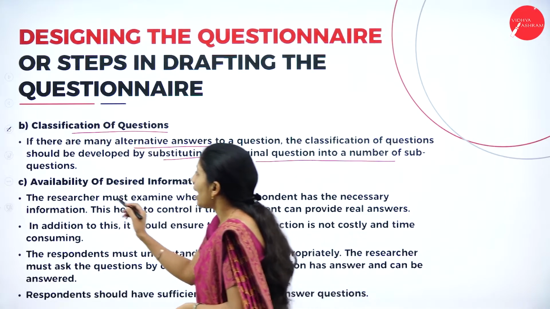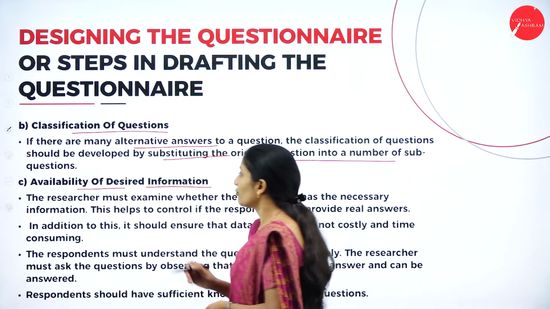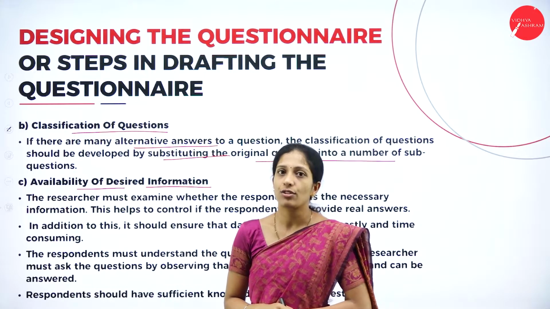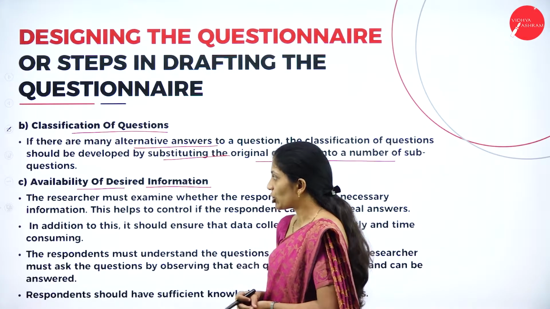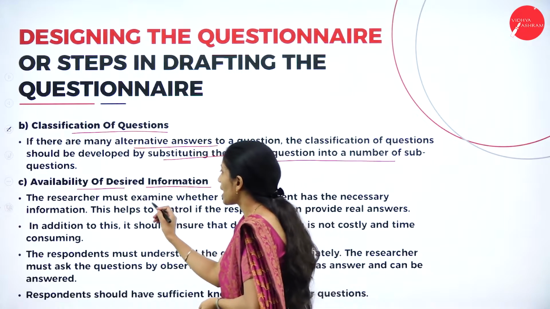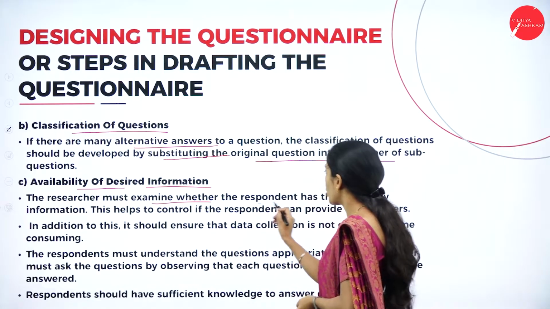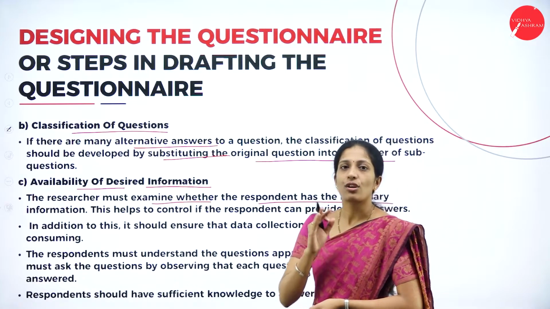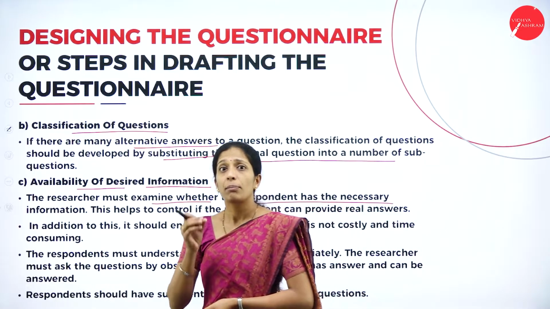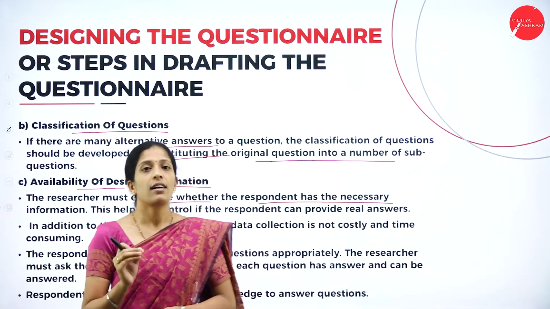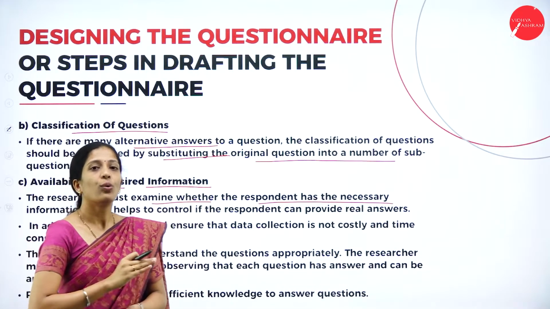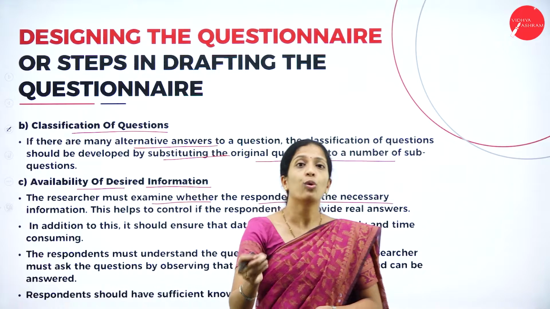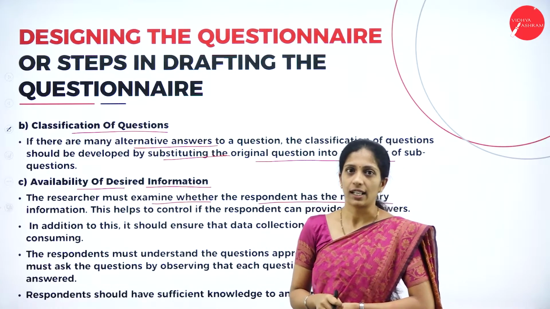Next one is availability of desired information. Of course, the main intention of preparing the questionnaire is to get the desired information. So the researcher must examine whether the respondent has the necessary information. Now, this is also one of the main steps here. Before issuing the questionnaire, the researcher has to know who the audience is, who the respondents are, so from whom the correct information can be collected.